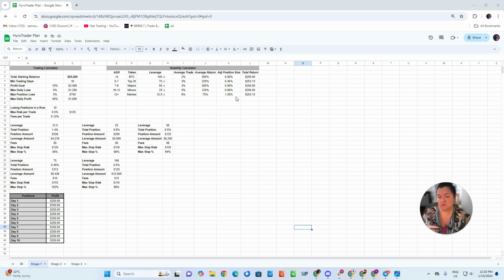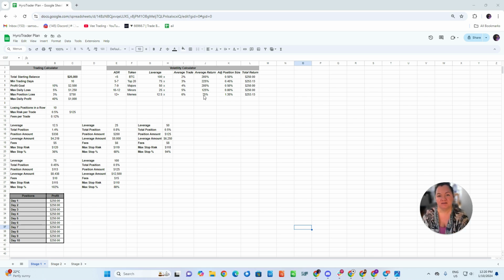Your position size will be slightly larger for the lower leverage, but still taking into consideration the volatility. So here for our memes, which could be moving like 15% a day, because we're maxing out at 12.5 and catch half that move, you're still only getting 75% if you're only using that formula.